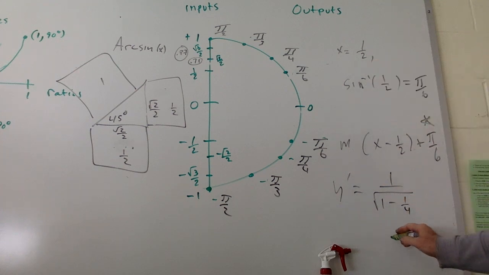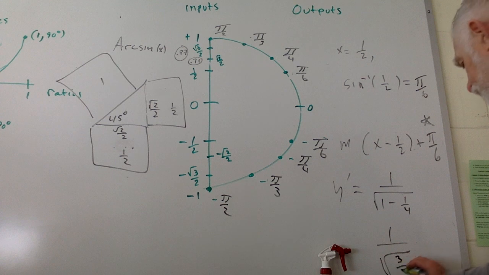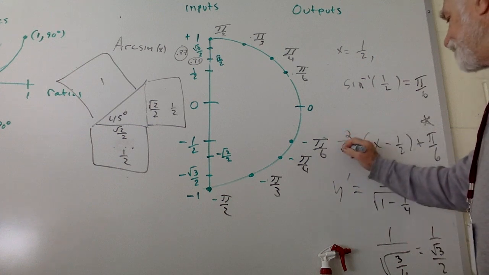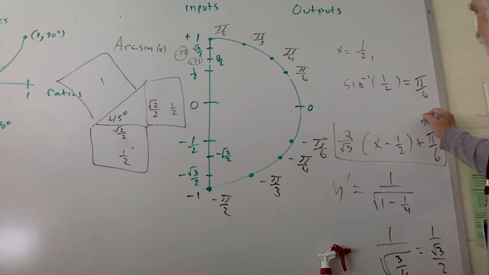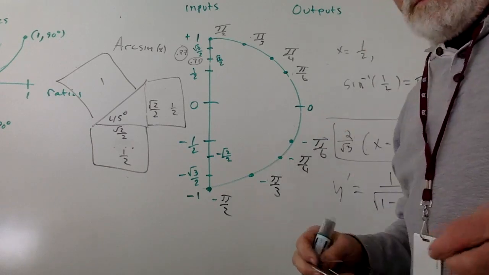So that is 1 over the square root of 3/4. And so that is 1 over root 3 over 2. Oh, so it looks like our slope is 2 over root 3.